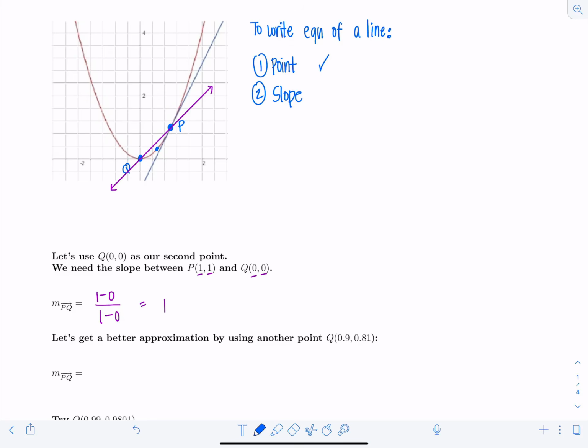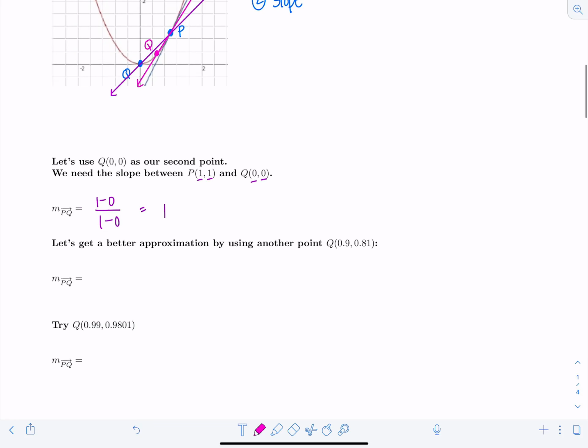Then wouldn't you agree that the slope through that line is closer to the slope of the tangent line that we're trying to figure out? Okay, so let's move Q this time to (0.9, 0.81).